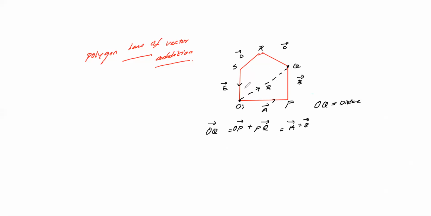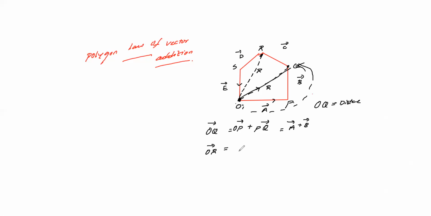Now same thing for the triangle OQR. OR vector, I can rewrite the relation. If you want to find the distance from the O point to the R point, I have to add all the terms, or we can go with your resultant in some cases.